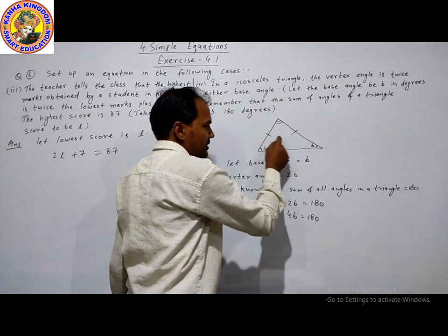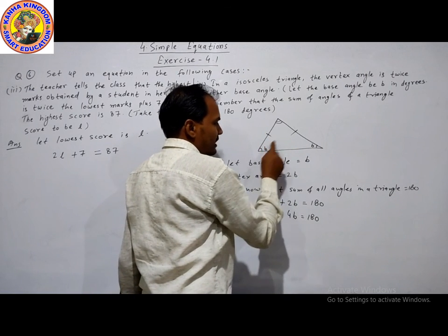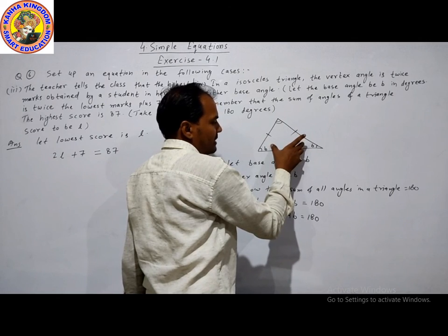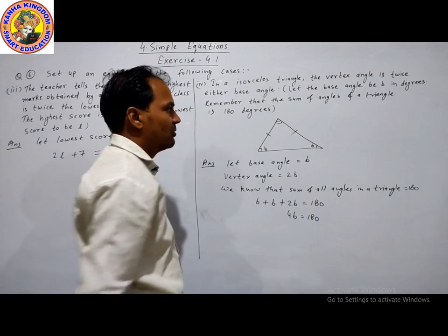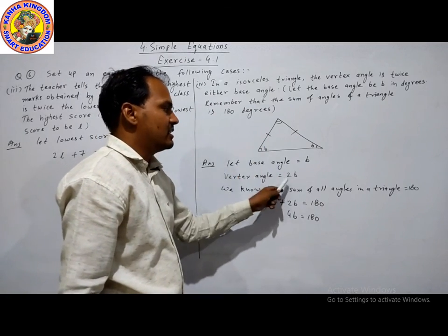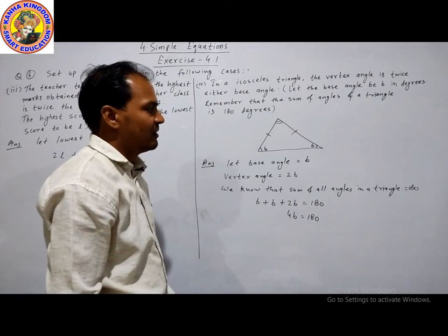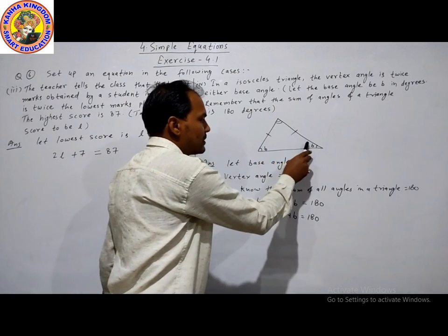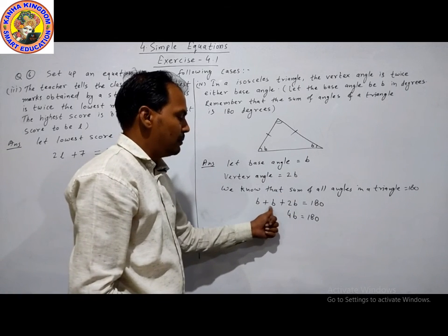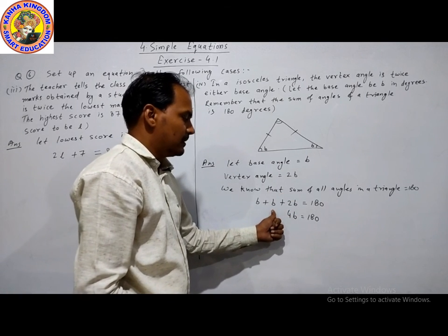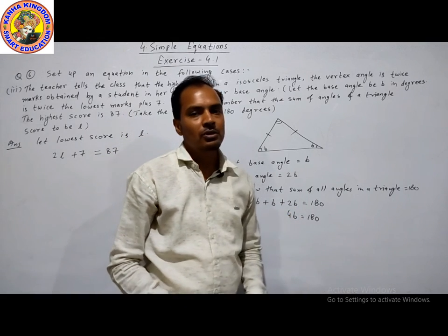The opposite angles are equal, and the base angle given in the question is B, so the base angles are B and B. Vertex angle is 2B. We know the sum of these angles is 180 degrees. So B plus B plus 2B is equal to 180. 1 time B, 1 time B, 2 times B makes 4 times B. 4B is equal to 180.